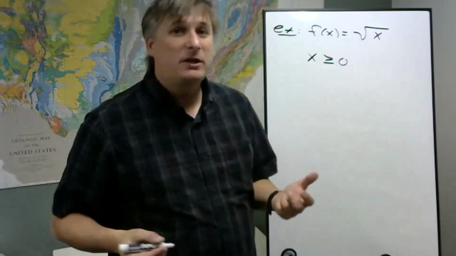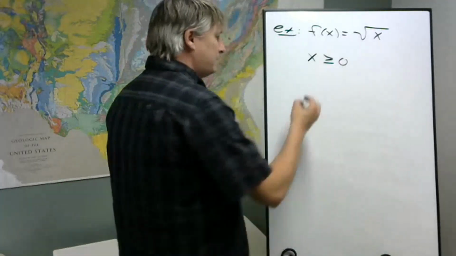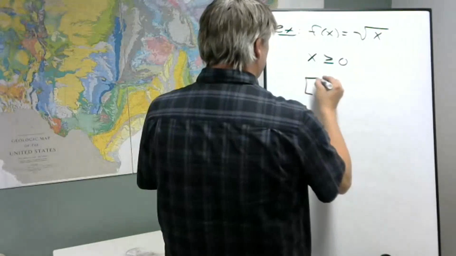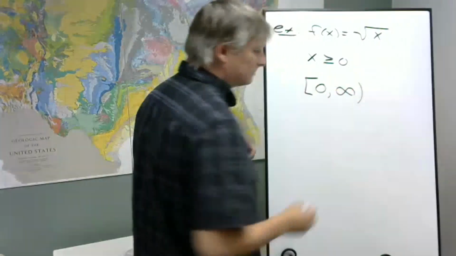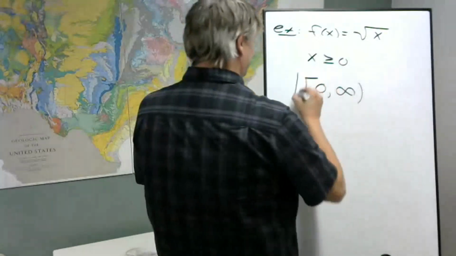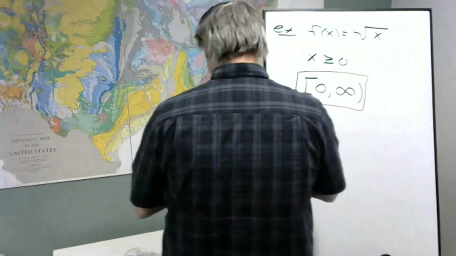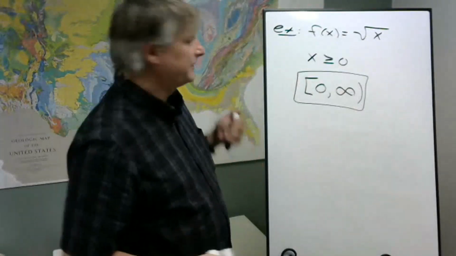Well, there we go. We can use values of x that are greater than or equal to 0. So that means our domain is from 0 to positive infinity. Excuse me. Now, let's try something more complicated.